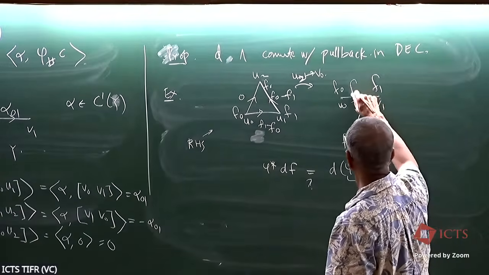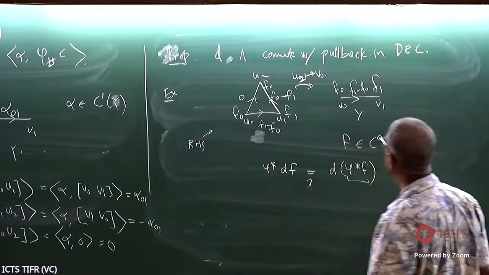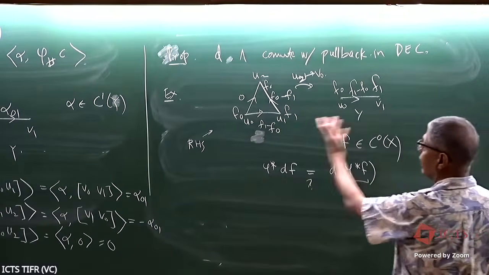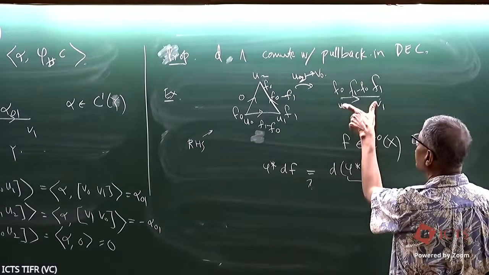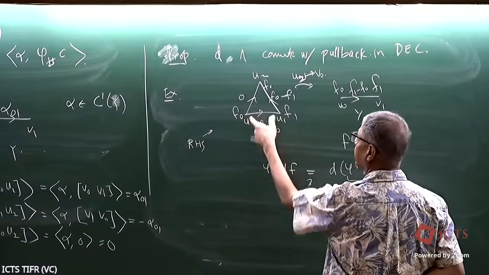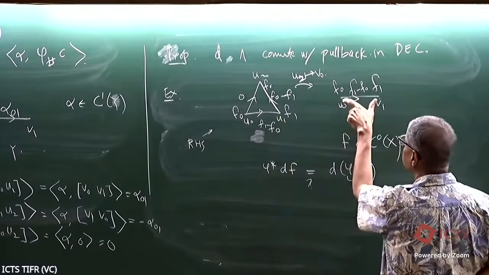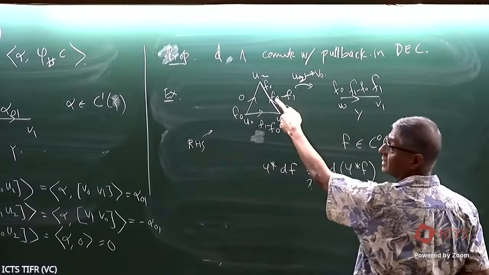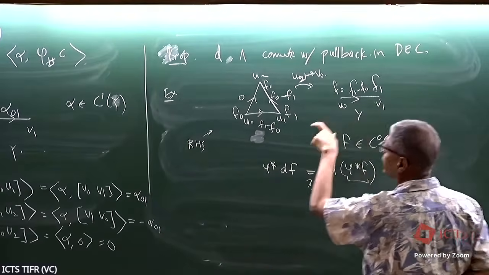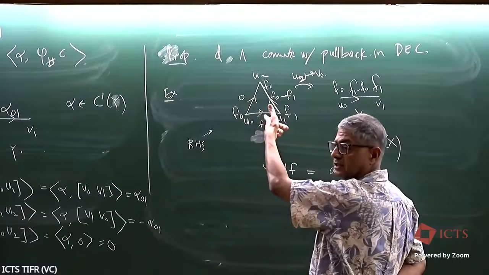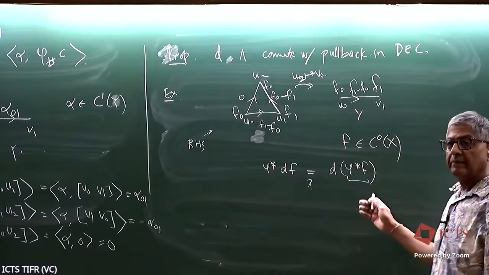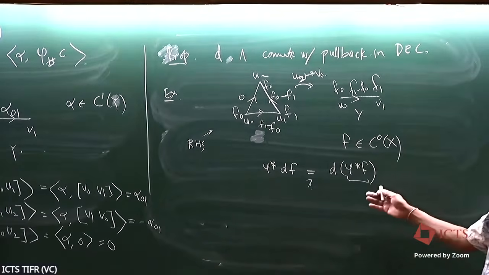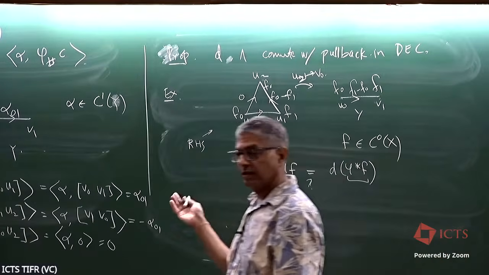What's DF here? It's F1 minus F0. So how do you pull it back? We've already done that. When you pull it back, this value is pasted here. Well, that matches. This value is pasted here with a negative sign from that picture. So that matches. And this value goes to 0, which matches. So we've computed the pullback of D of F and D of the pullback of F and found that they are the same.